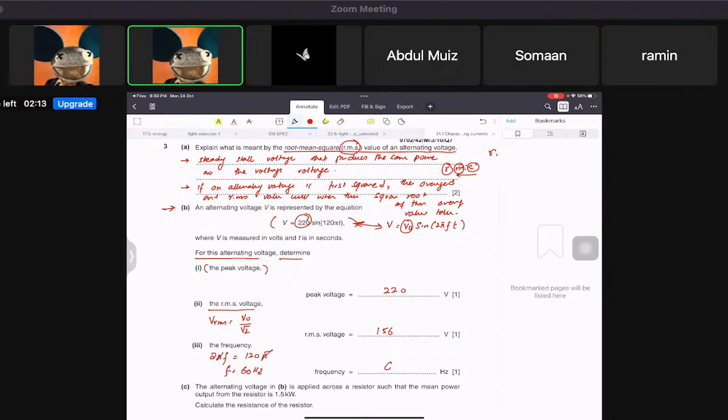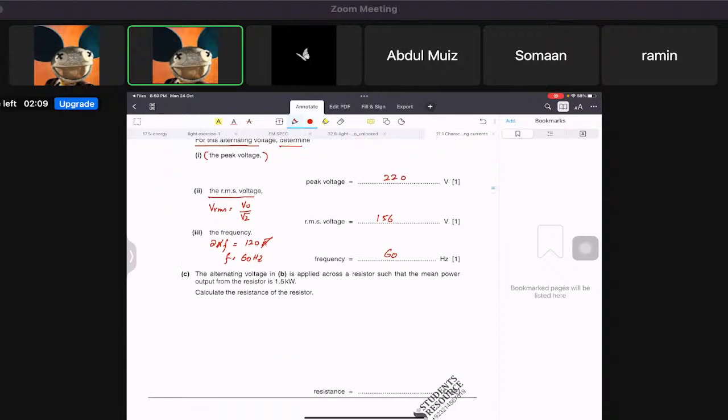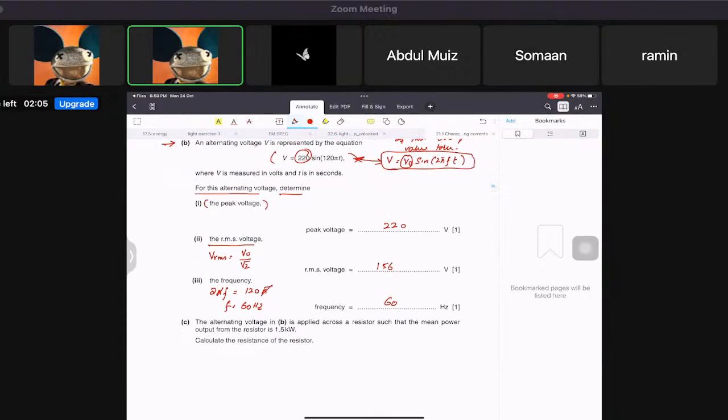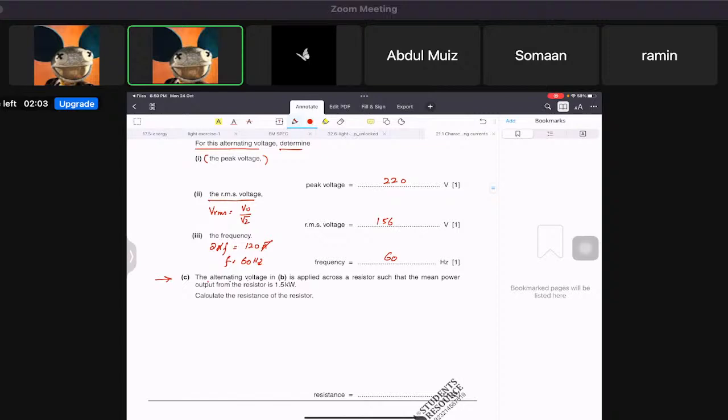Easy, right? So these questions are so simple if you just remember this particular general equation. Okay, now, it says the alternating voltage is applied across a resistor such that the mean power output is this. So we have the average power, which is 1.5 times 10 raised to the power 3. It says calculate the resistance of the resistor.